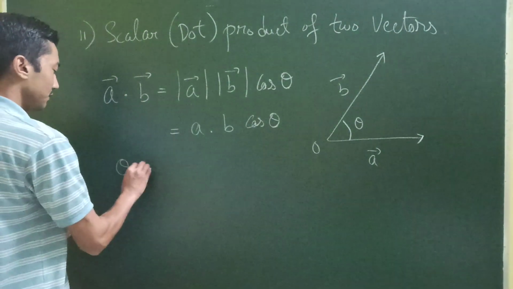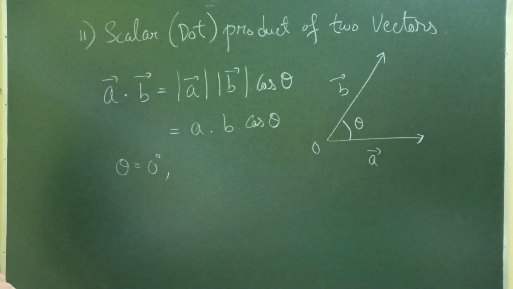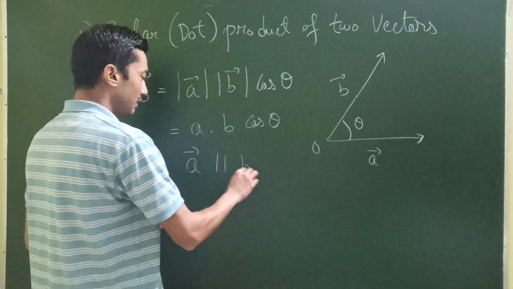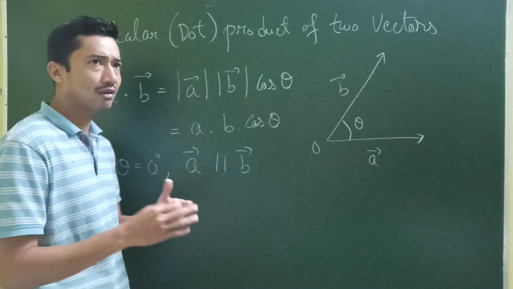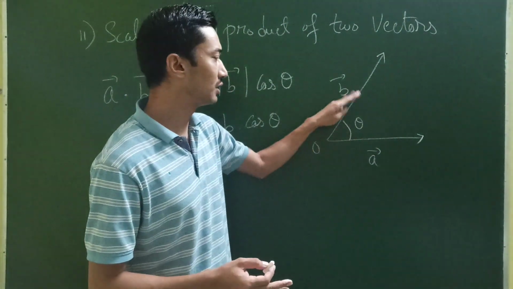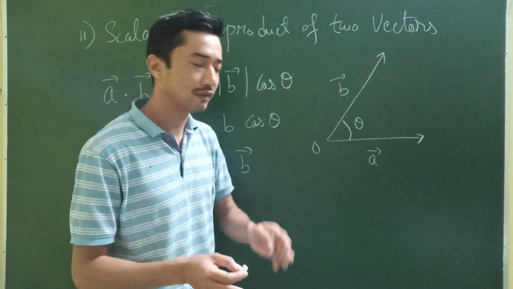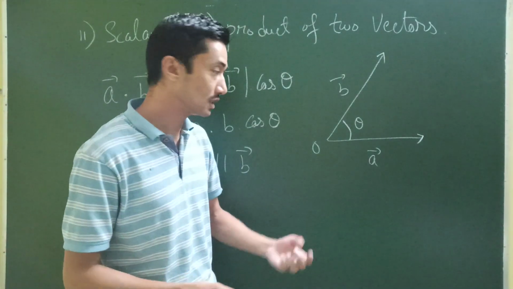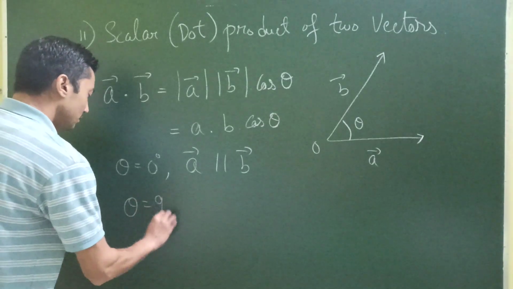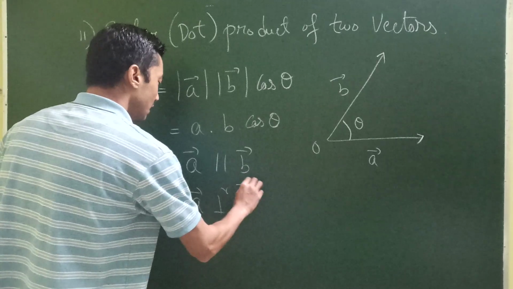Before we go for that, if theta equals 0 degree, it means vector A is parallel to vector B. If theta equals 0 degree or 180 degrees, pi, it's all the same, like and unlike vectors, then in both cases vector A is parallel to vector B. And if theta is equal to 90 degrees, then vector A is perpendicular to vector B.